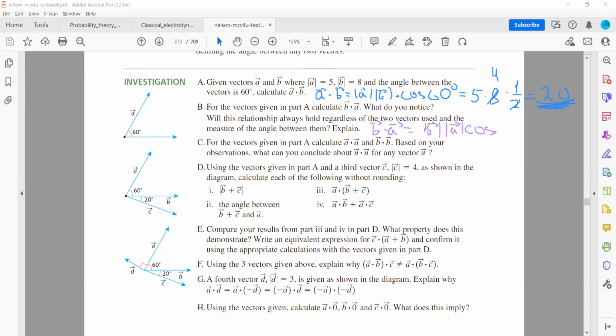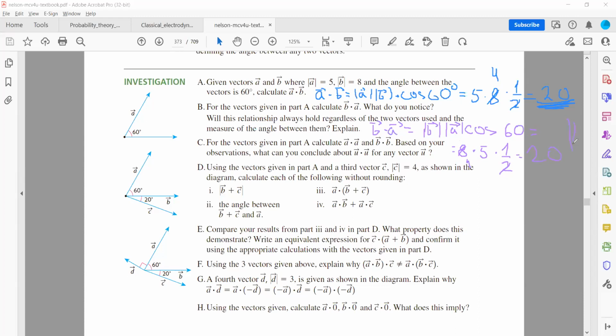If I multiply B by A or A by B, the angle between these two vectors would not change. So I'll again multiply by cosine of 60 degrees, which brings me to the same result. I have the modulo of vector B, 8, times 5, the modulo of vector A, times 1 over 2. And again, I'll simplify it exactly the same way, and the result would be 20.